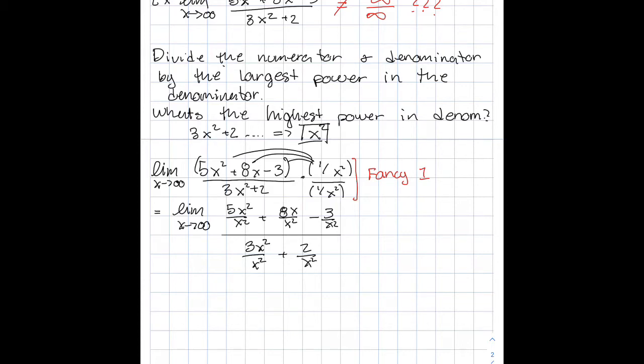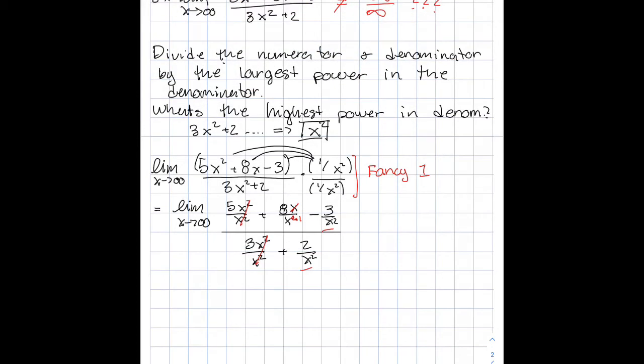So let's simplify. These x squareds are going to cancel out. X squared divided by x squared is 1, so that's gone. In the denominator, this is going to be x to the first power, and then these two guys are just going to stay.